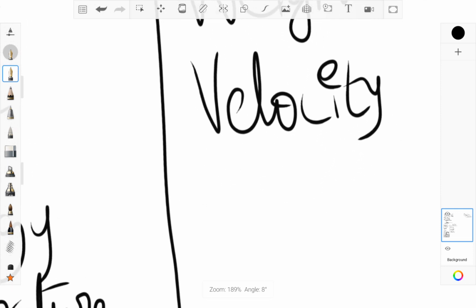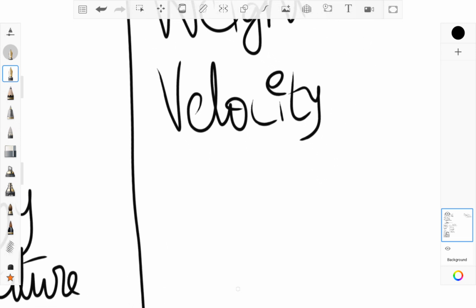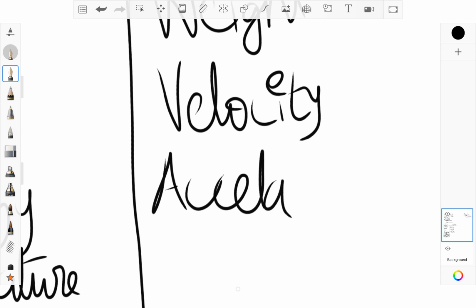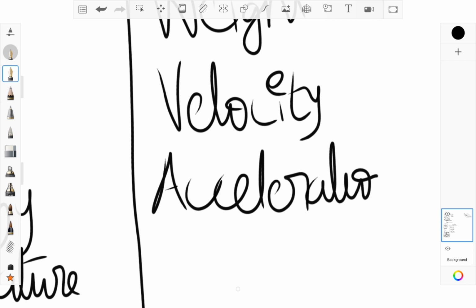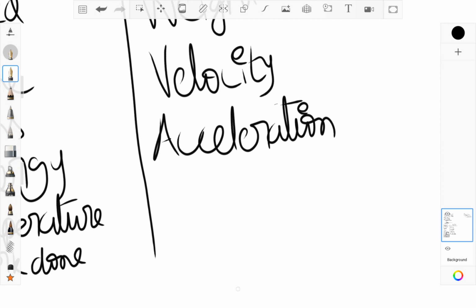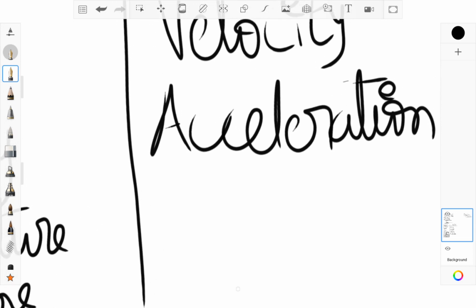The best way I can describe it is that velocity is speed with a direction. Acceleration is a vector quantity. Acceleration isn't the same thing as speed or velocity. I think a lot of students confuse that, but we'll be looking at that later on in the chapter.